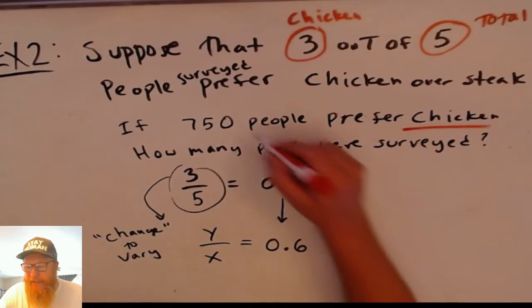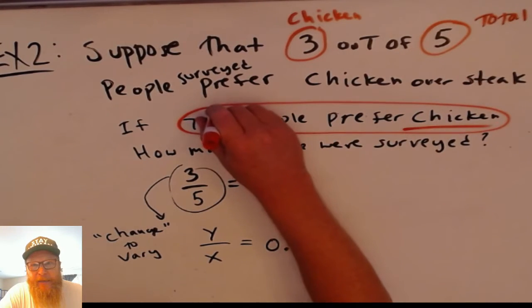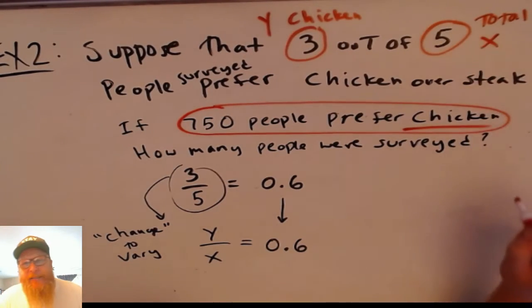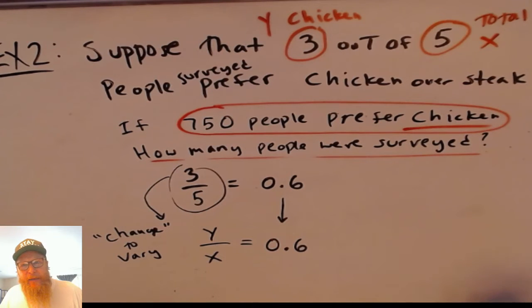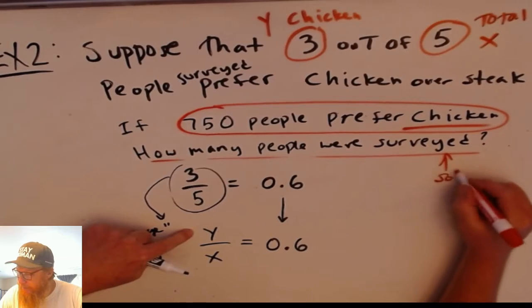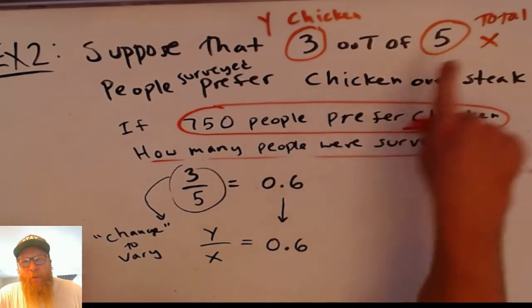It says 750 people prefer chicken. So chicken is Y, and the total is X. How many people were surveyed? I'm just going to solve this for X, because I know what Y is.